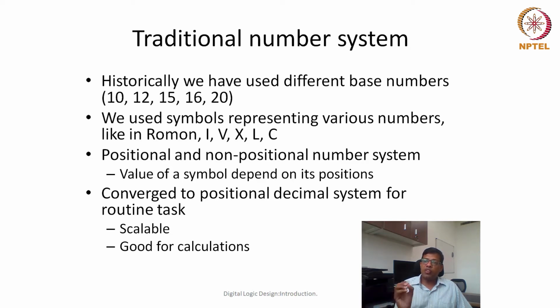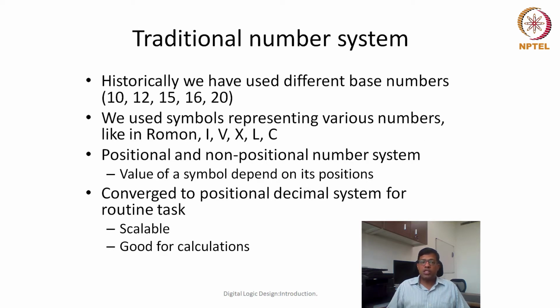Now where that particular symbol is in the number determines its value. If it is at the units place, the value is the same as the symbol. But if it is at the tens place, the value is multiplied by 10. If it is at the hundreds place, the value is multiplied by 100.